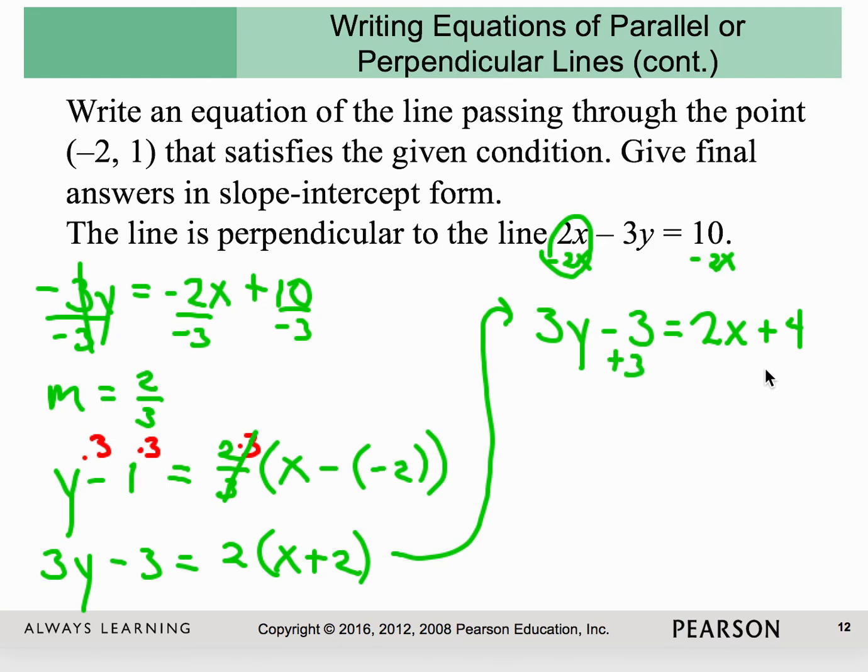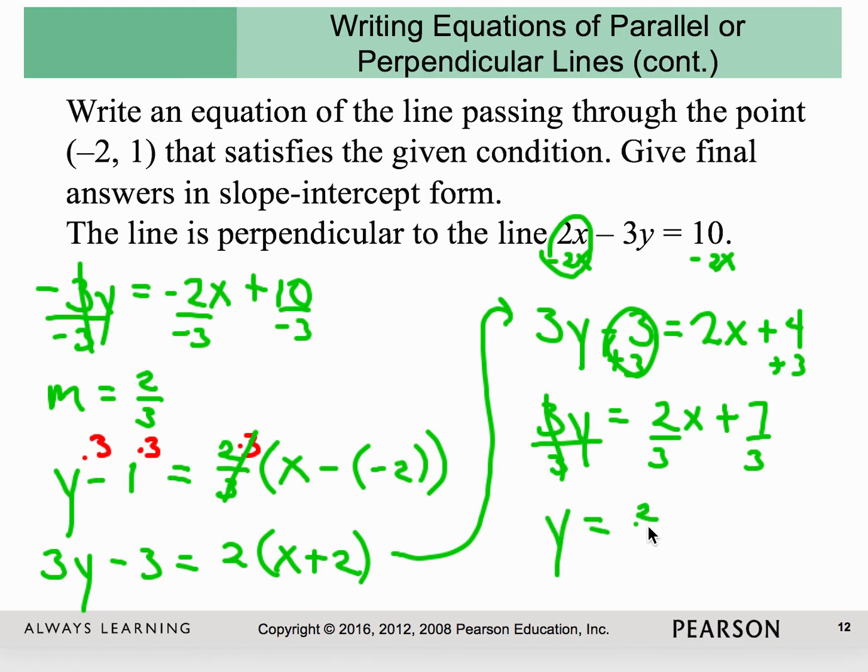Add 3. 3y equals 2x plus 7, and divide by 3. So y equals 2/3 x plus 7/3.